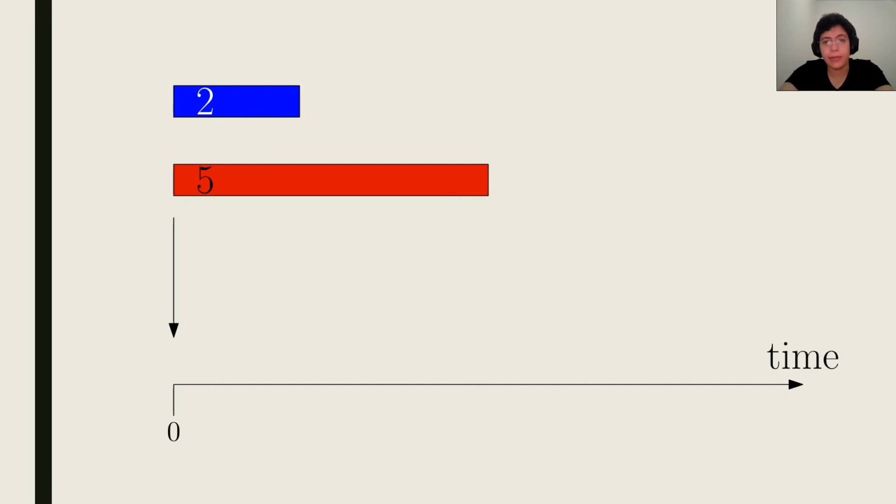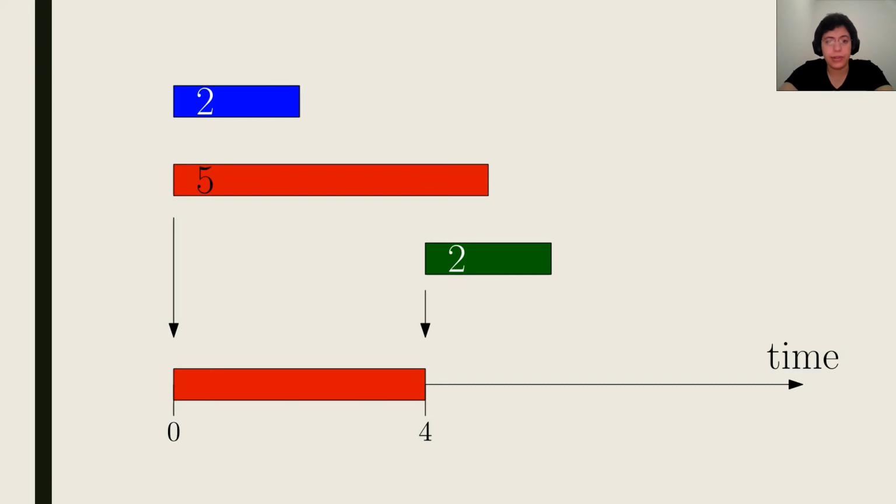So here's an example for some scheduling instance. At time 0, 2 jobs arrive, the blue job with a processing time of 2 and the red job with a processing time of 5. The algorithm chooses to work on the red job for 4 units of time, and then a new job is released, that is the green job with a processing time of 2.